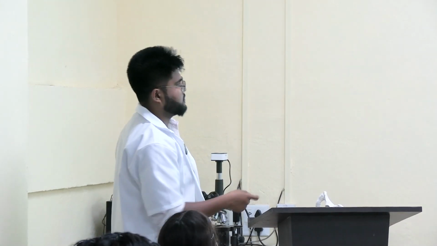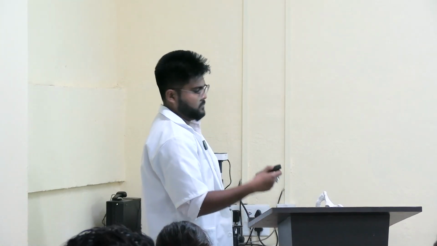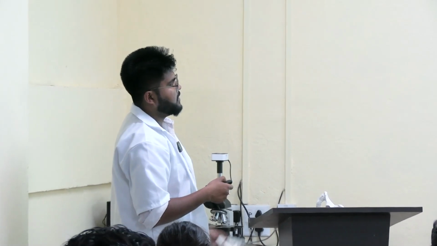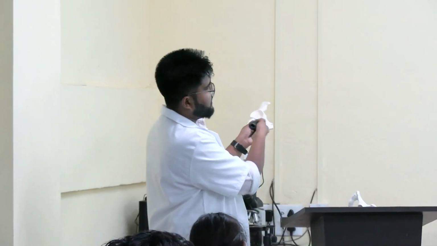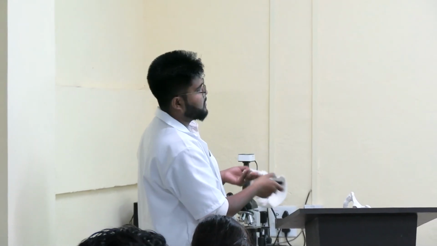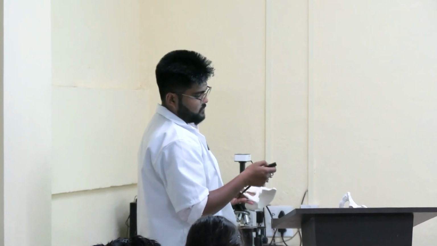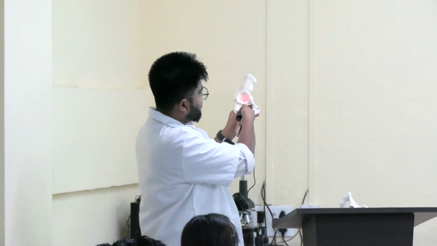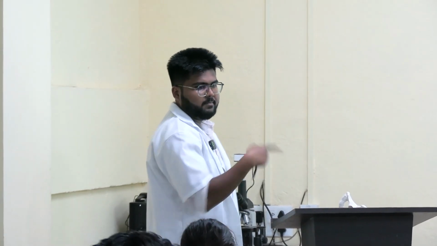Okay. So it has the attachment of the obturator membrane except the obturator groove. Okay. Ultimately it forms the obturator canal, and here obturator nerve and vessels pass through this canal.